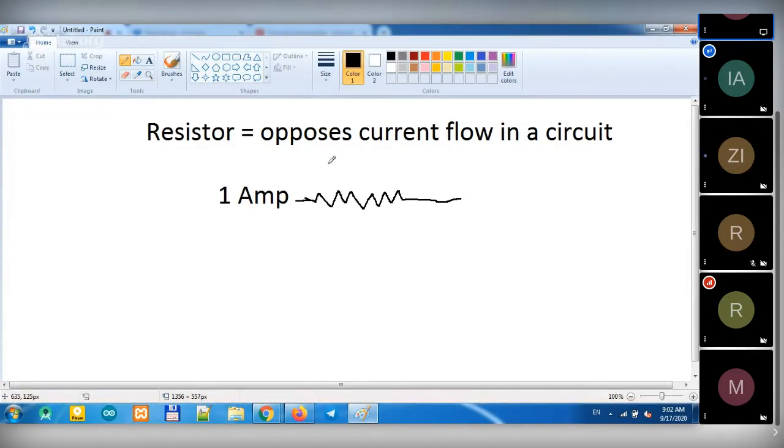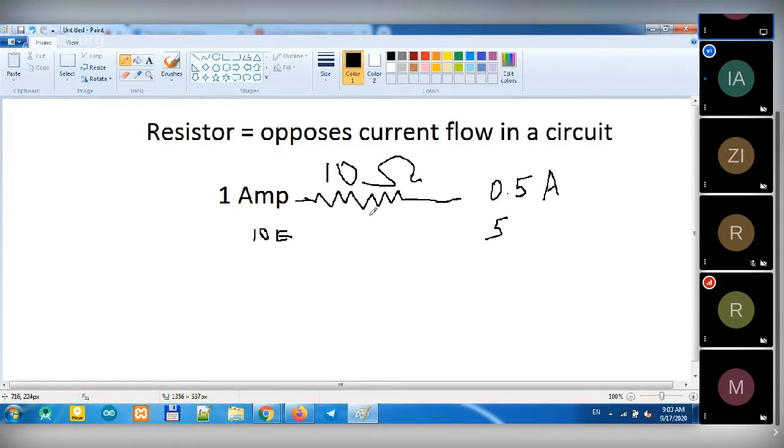If you put 10 ohm, for example, then maybe it becomes 0.5 amp. That means there were 10 electrons moving, and now only 5 electrons are moving, because this resistor opposes the current.